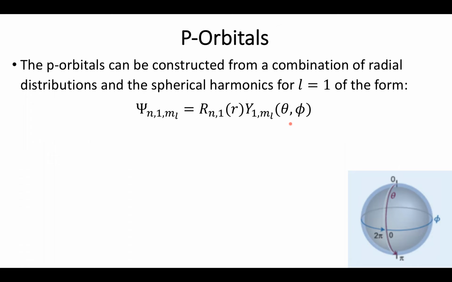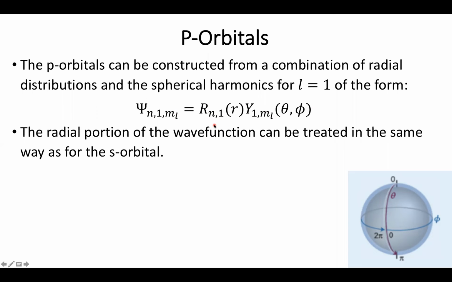As a reminder, we can separate out our general wave function into a set of radial wave functions for our p orbitals, and a set of spherical harmonics for our p orbitals. The radial portion is going to be treated fairly much the same way we did for the s orbitals. We look up the radial function, look for the number of nodes, and get the distribution.